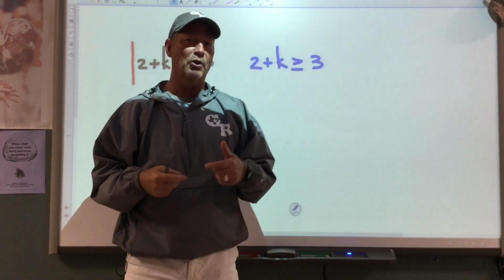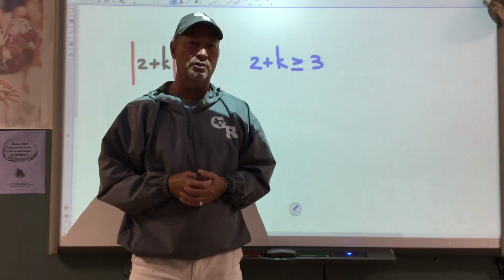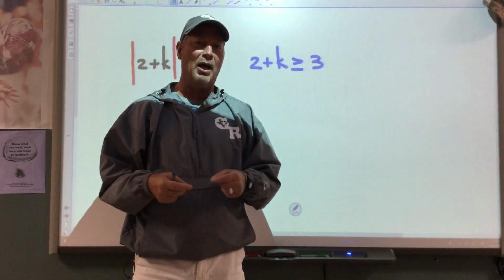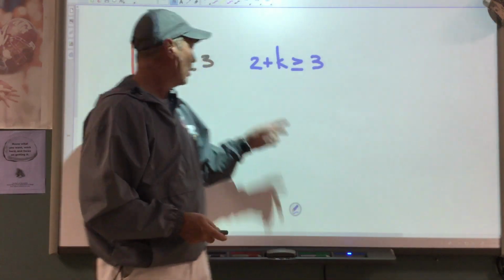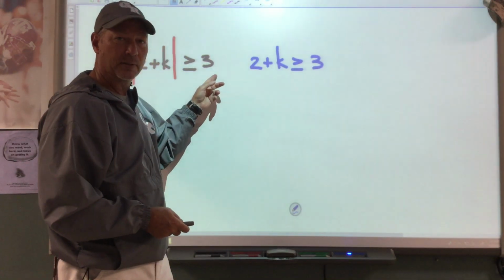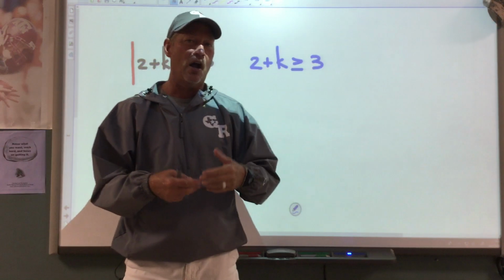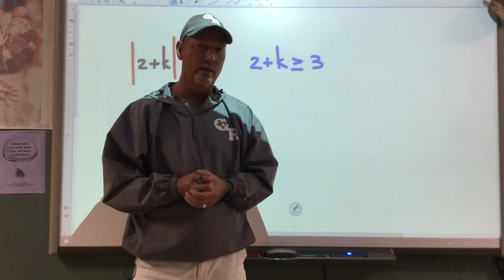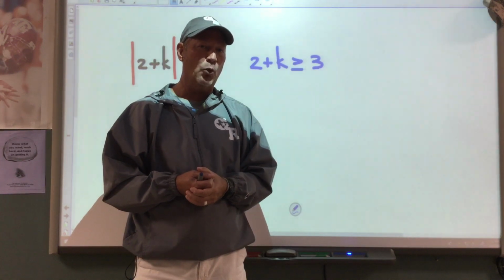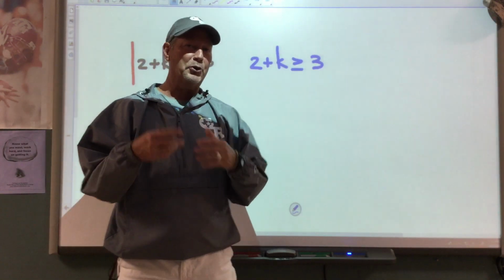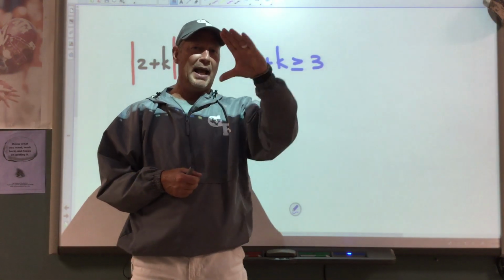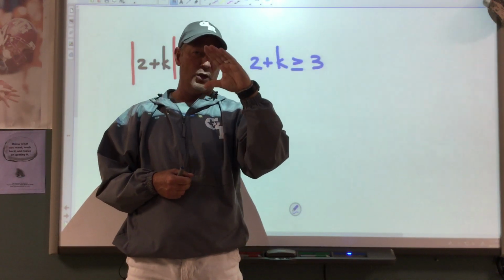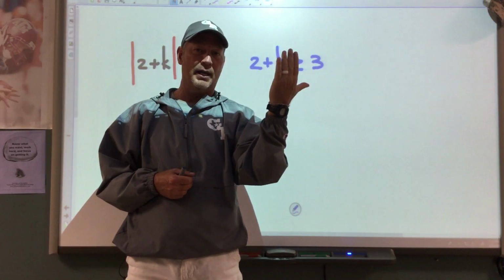Now, what did we do also when we solved the equations? The second time around, when we worked it two ways, we took the opposite. Taking the opposite is kind of like multiplying times negative 1. And if you multiply by a negative, we're going to ask you to flip your inequality symbol the other way.